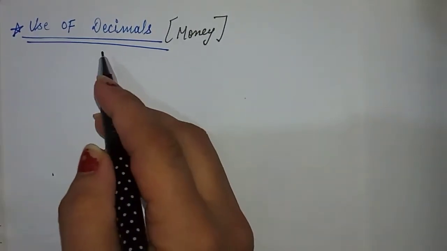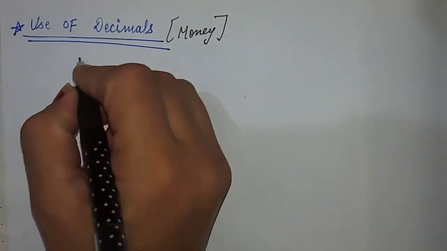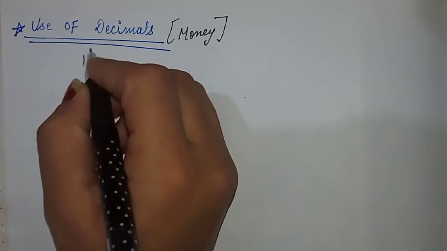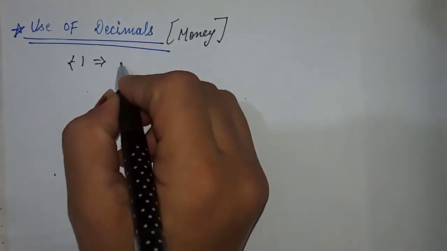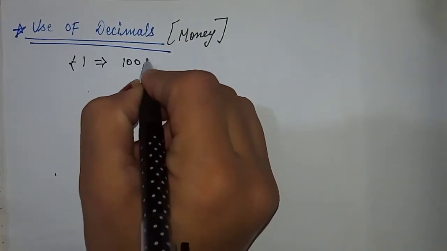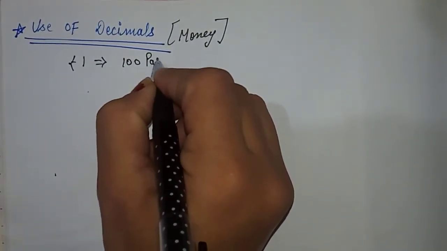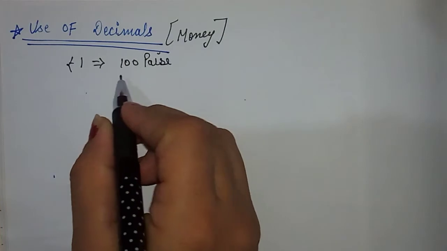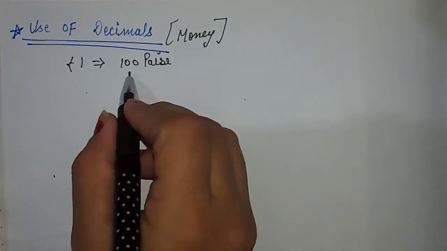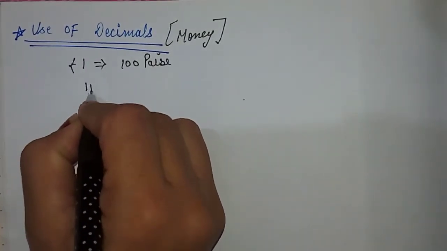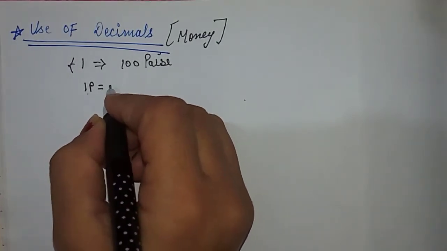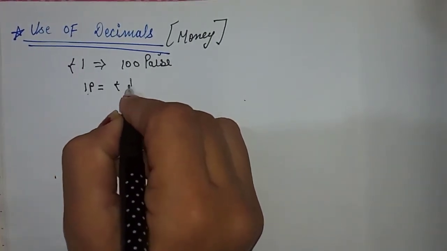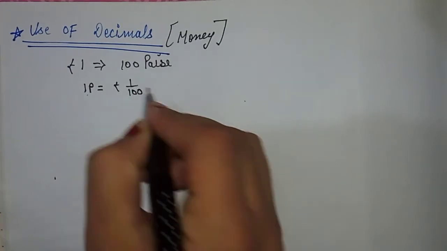Now the first one is, we know that in 1 rupee, how many paise are there? There are 100 paise, right? But when we ask how many rupees are there in 1 paisa, that will be 1 upon 100.